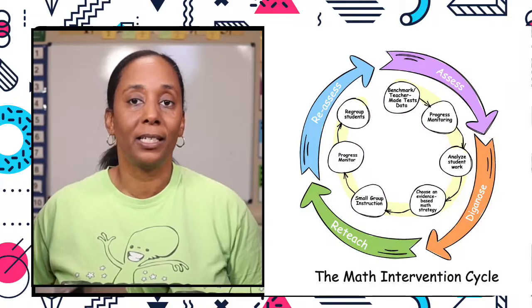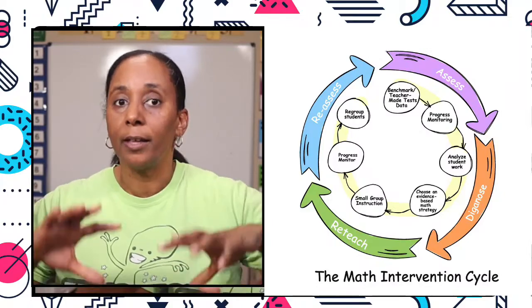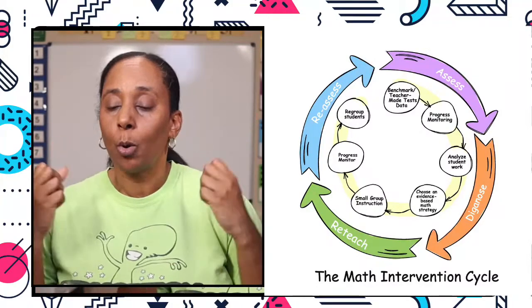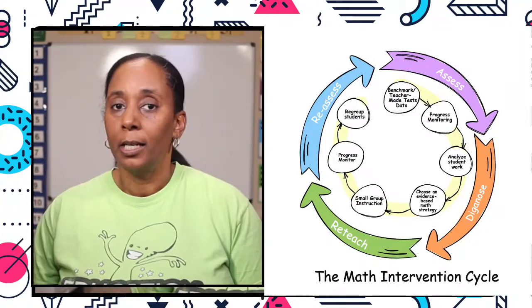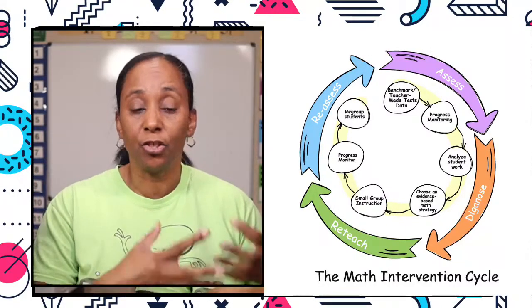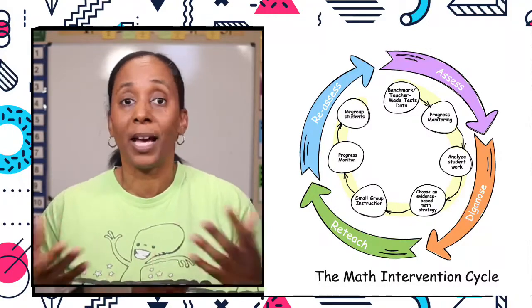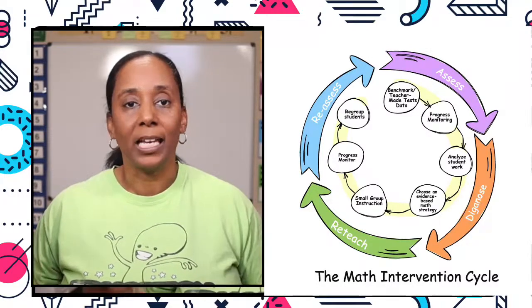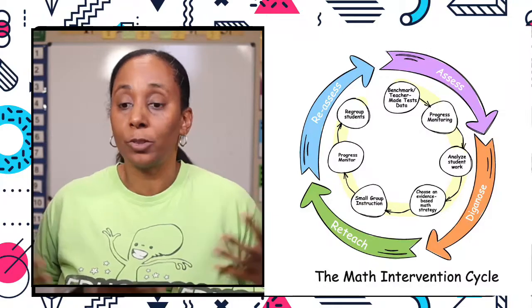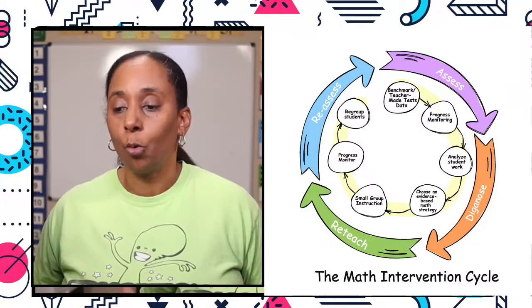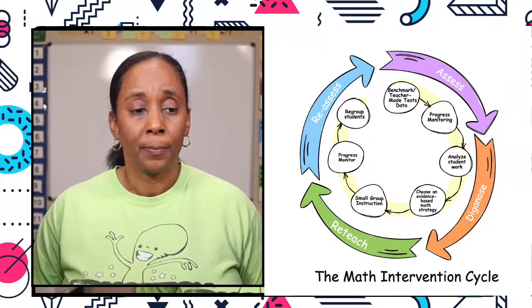Then you diagnose: from that assessment, what do I need to do? Then you reteach it, and then you reassess the skill. I'm not talking about a 10-question test, just maybe 3 to 5 questions.